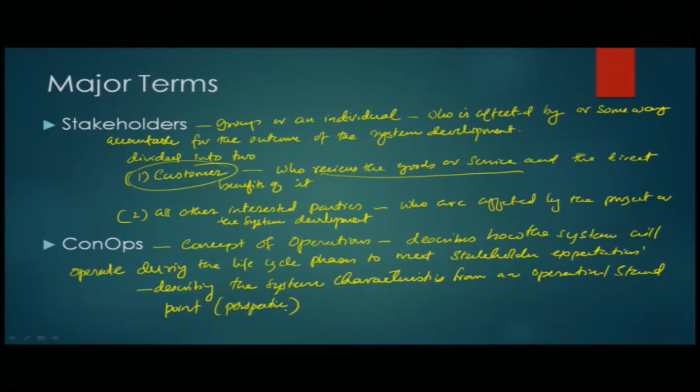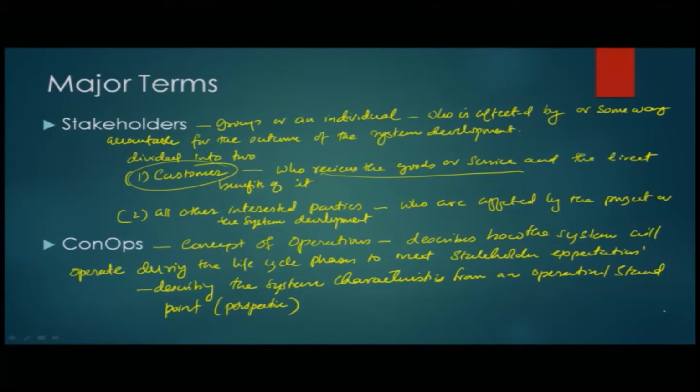Okay. So, the CONOPS to a large extent describes how the system will operate during the life cycle phases to meet stakeholder expectations, and you use the stakeholders or the customer as well as the other interested parties to derive what we call the stakeholder expectations.